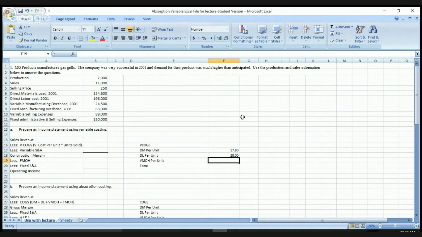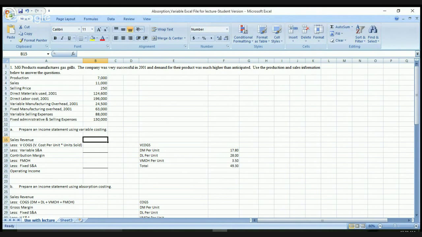For the variable manufacturing overhead cost per unit, I'm going to take the variable manufacturing amount of 24,500 divided by the 7,000, and I get a total of $3.50 per unit. So the total of the variable cost per unit is $49.30. So that's going to help us with the variable costing here.